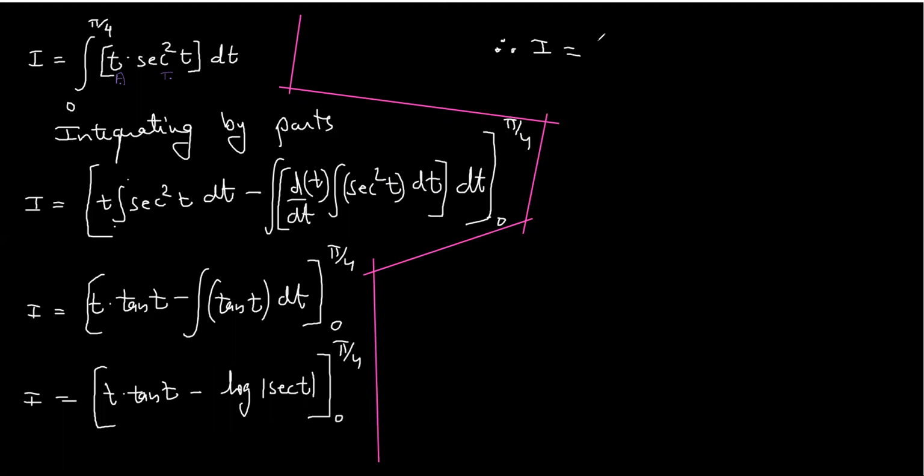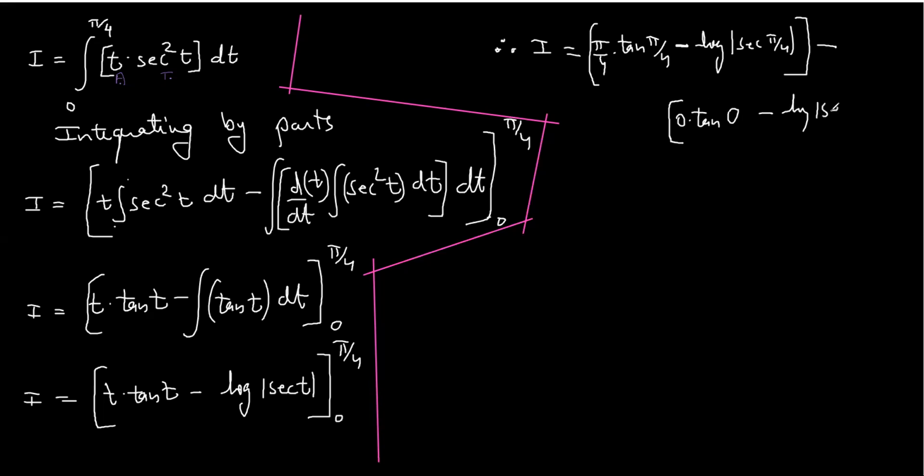So we will have here pi by 4 into tan of pi by 4 minus log of sec pi by 4. This is upper limit. Then minus, now I go for lower limit. Now wherever t you have, you write 0. So you have 0 into tan of 0 minus log of sec 0.